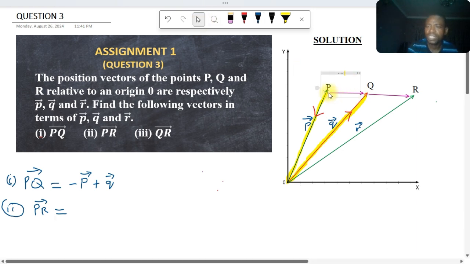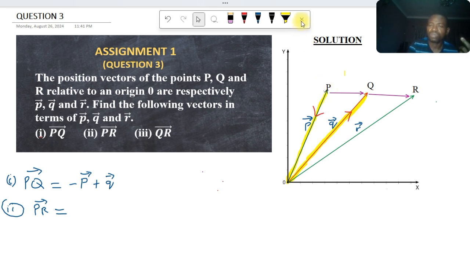P to R, P moving from P straight to R. That is the requirement. But the path from P straight to R, directly to R, is not given to us. So we move in the other part. There is another path you can take to still get to R. So I'll do that now.